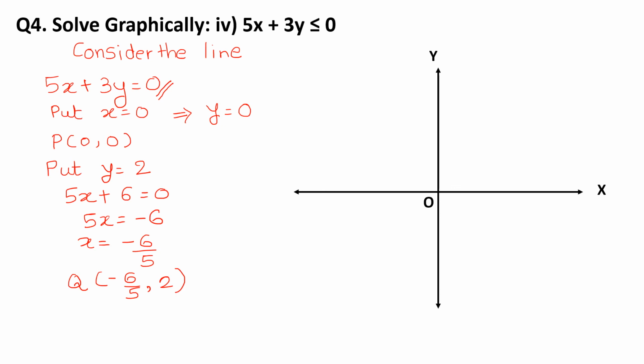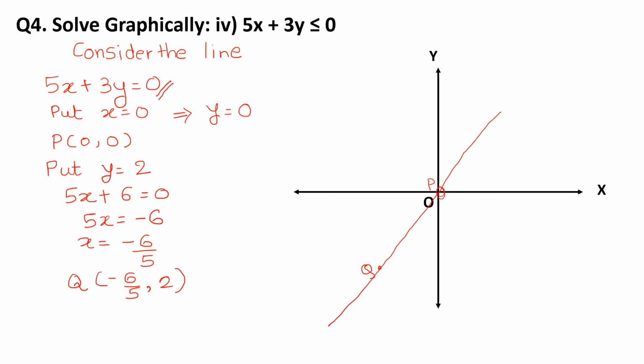Locate these 2 points on the XOY plane. So this is your XOY plane. The first point is the origin itself, so this is my first point P. The second point is minus 6 upon 5, so somewhere here minus 6 upon 5 and 2. Join these 2 points and draw the line.